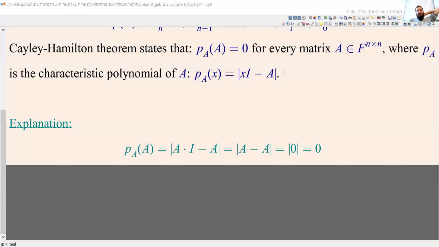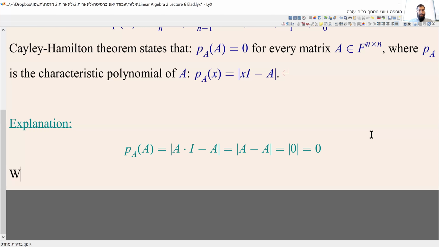and probably more complicated exercises. Near will show you in practice. So, for example, we will use the Cayley-Hamilton theorem later on in our course.